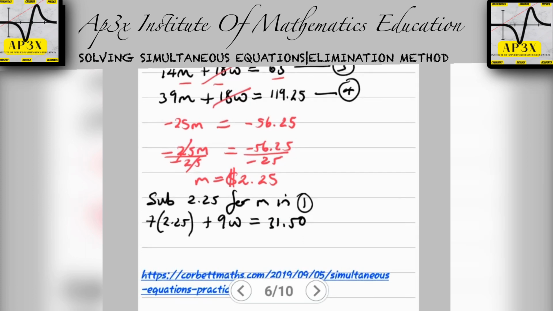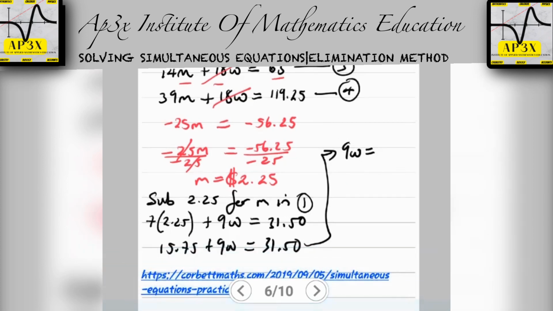7 multiplied by 2.25, that works out to be 15.75 plus 9w equals 31.50. Transfer this information here. I'm going to then subtract 15.75 from both sides. So I'm going to end up with 9w is equal to, when I subtract 15.75 from 31.50, 15.75, double check, I actually get 15.75.